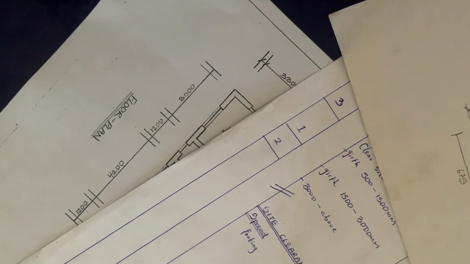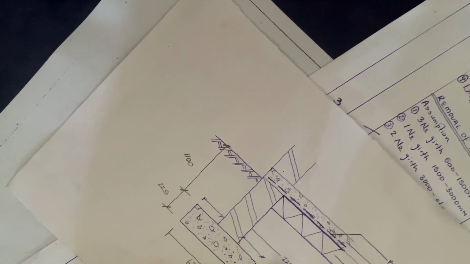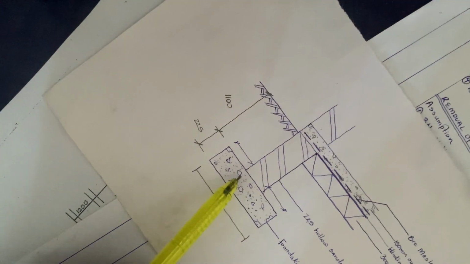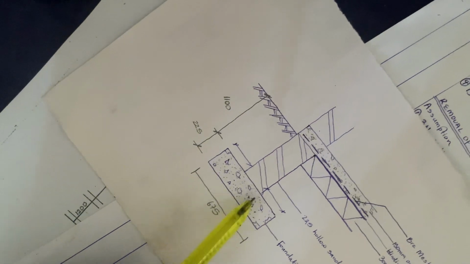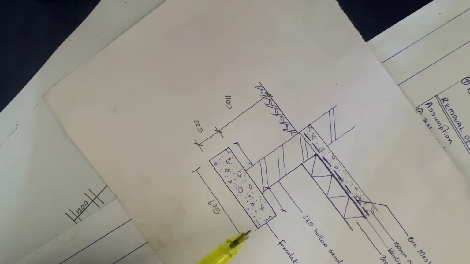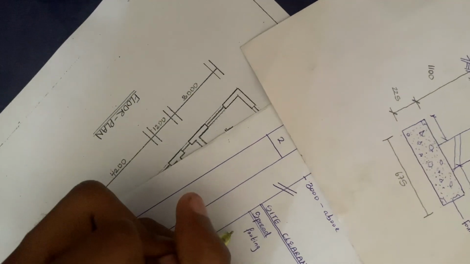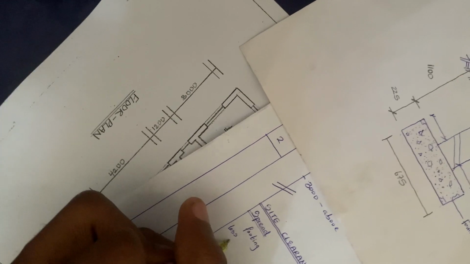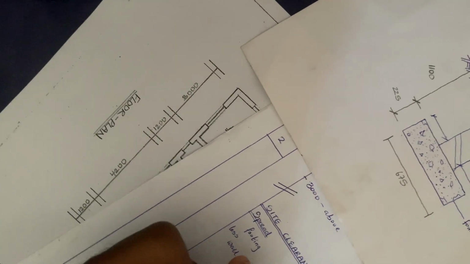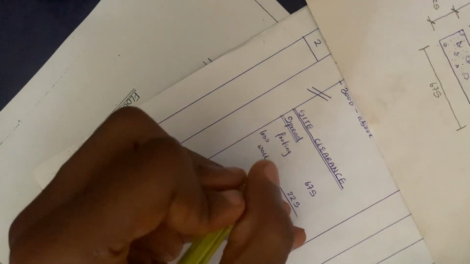We know the length of our foundation footing is 675 mm, and we know that the thickness of our wall is what? 225. What are we going to do now to get the spread? We'll have to subtract 225 from 675 and divide it by what? 2. Now, when we subtract the wall thickness 225 from 675, we are going to be having 450.